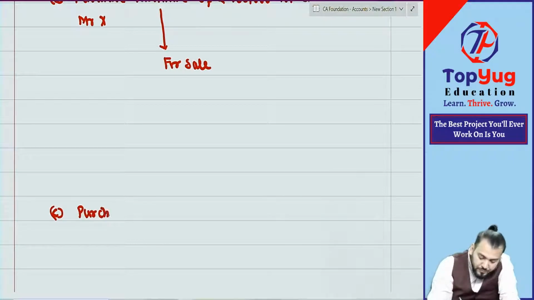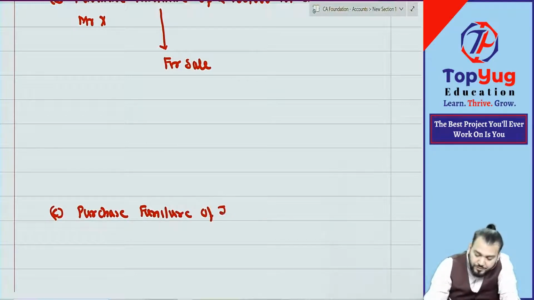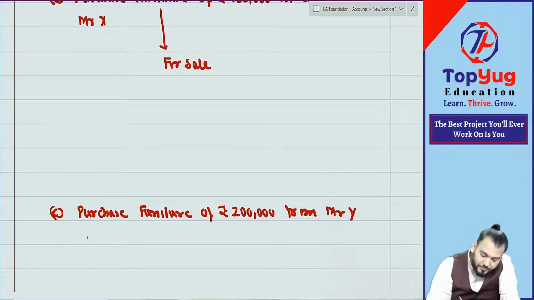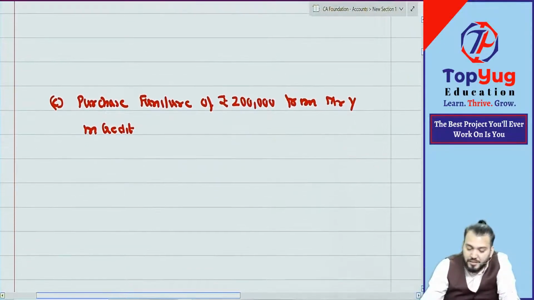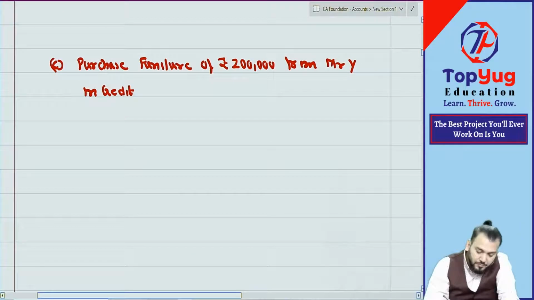Purchase furniture of rupees 2 lakh from Mr. Y in credit. Understood? In credit. Then leave some space.